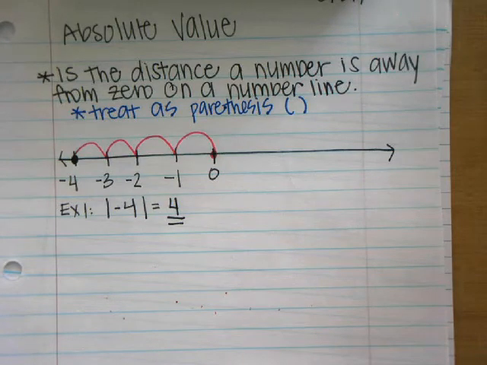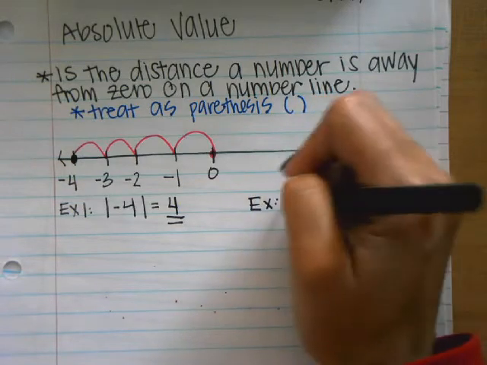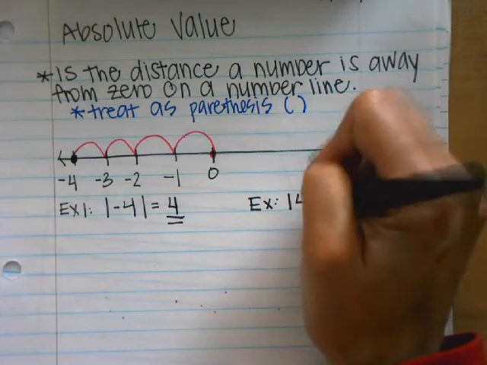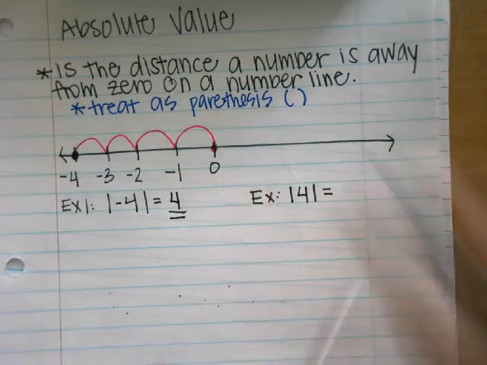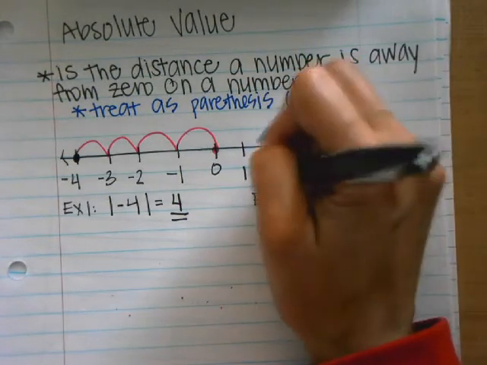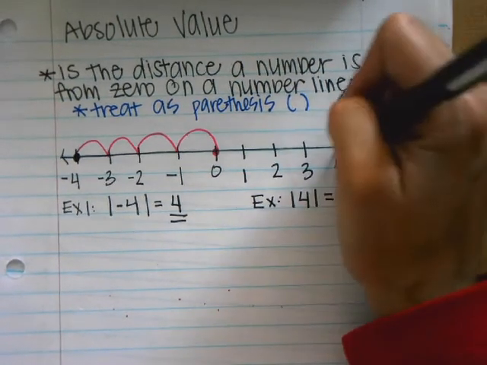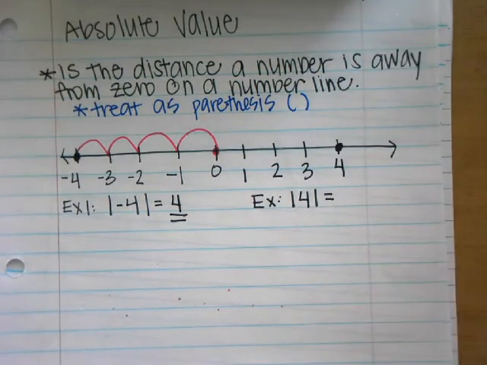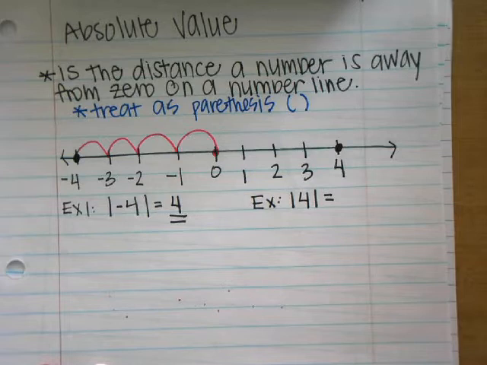Okay, let's do another one. What if I just did the absolute value of a +4 this time? So same thing. Go add 4 tallies to your number line. Plot that point down. And then count.